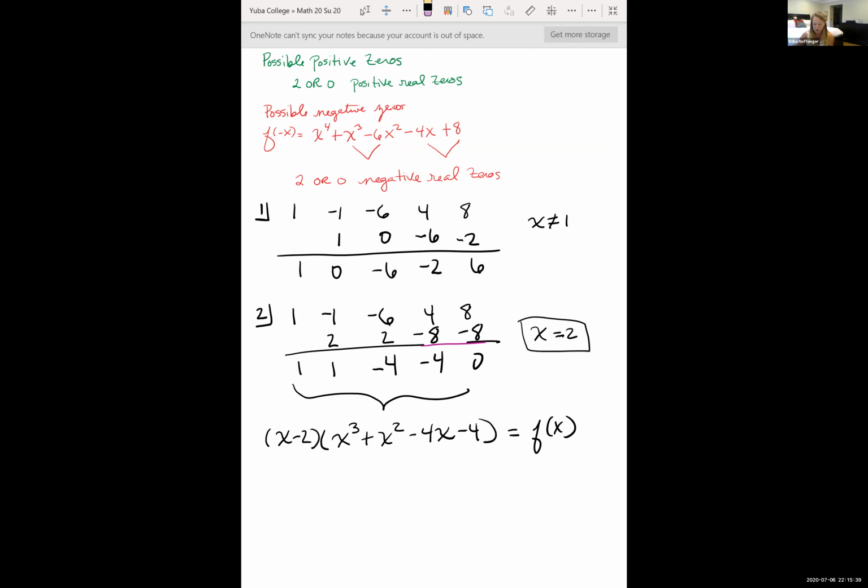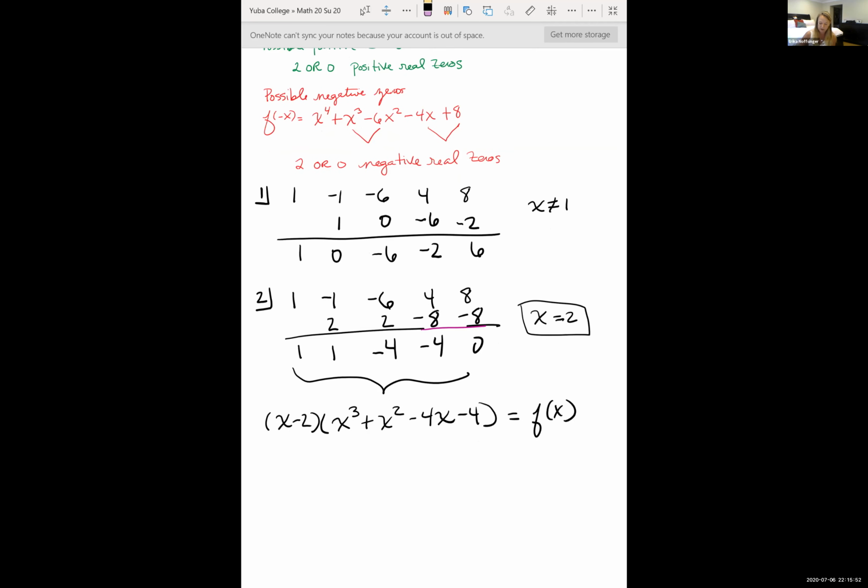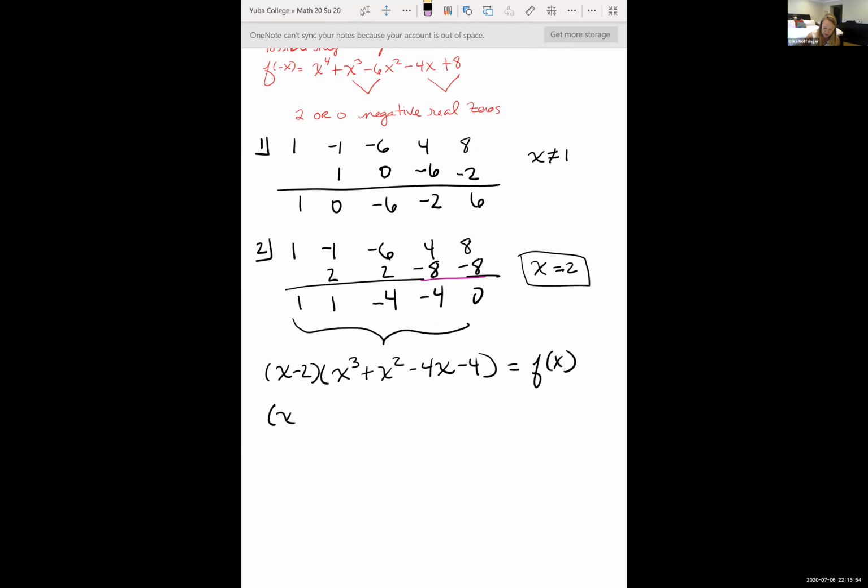Notice this cubic is actually factorable by methods that we've done before. There's 4 terms here, and notice we can factor by grouping. So these are just tricks to help us where before we would have needed a graphing calculator and wouldn't have been able to do this. So let's factor this a little further by using factoring by grouping.